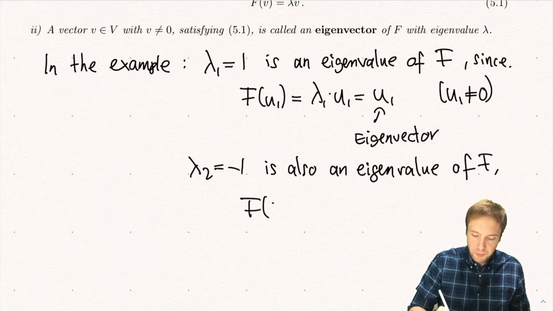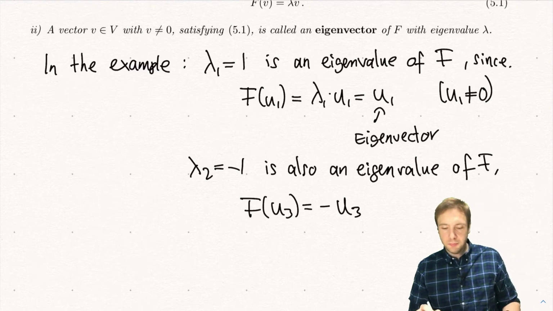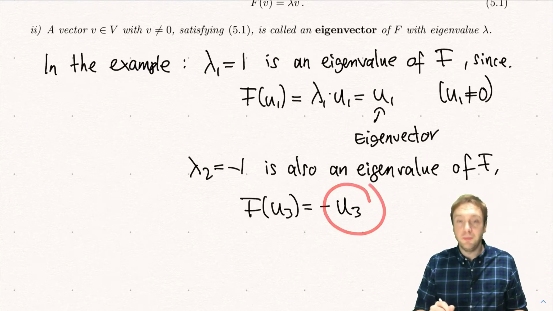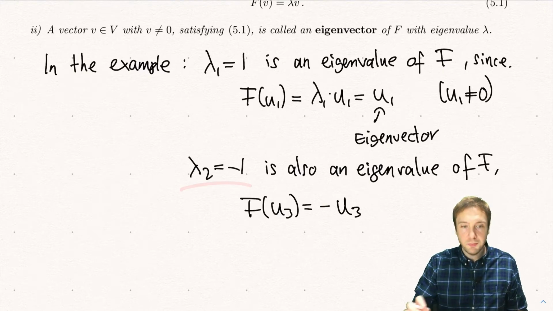Because f of u3 was -u3. So this u3 is also an eigenvector with eigenvalue -1.